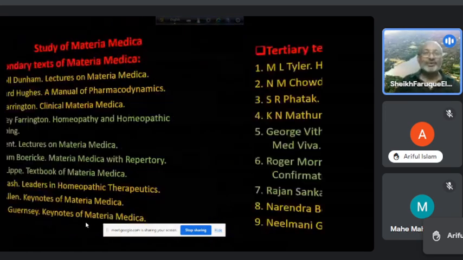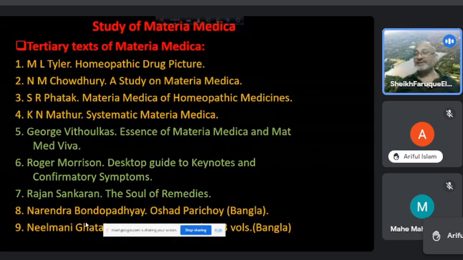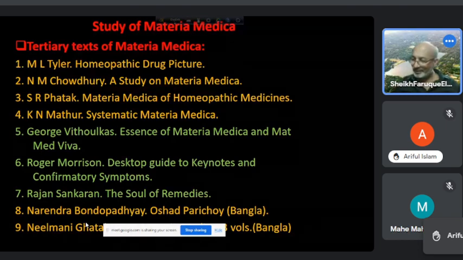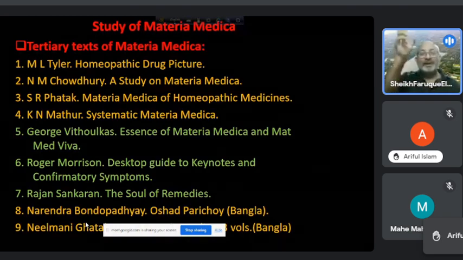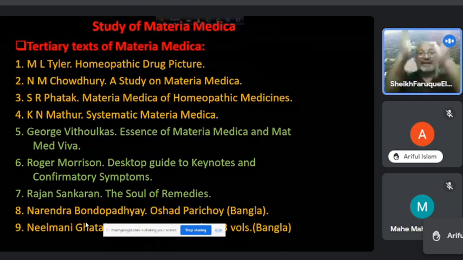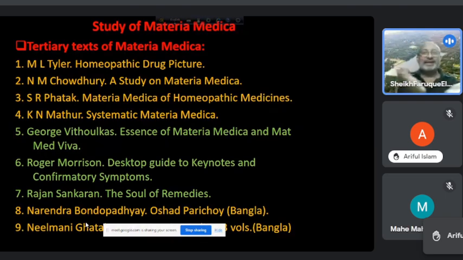Now let us go to tertiary texts of materia medica. Tertiary, what does it mean? If primary texts are the stem, like kando, secondary texts are branches, like shakha. Tertiary texts are proshakha.